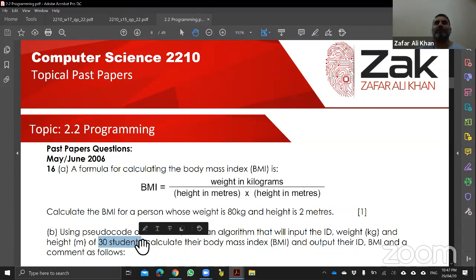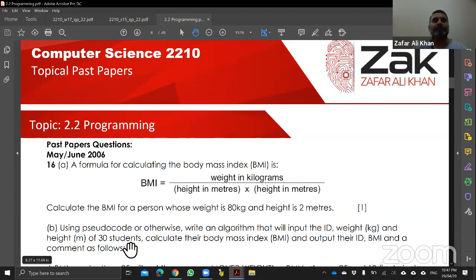It says, using pseudocode or otherwise, write an algorithm that will input ID, weight, and height of 30 students. So this 30 signifies that this is a for next loop question.